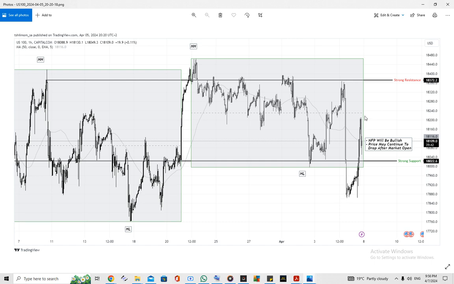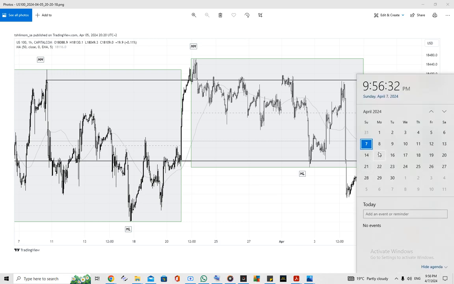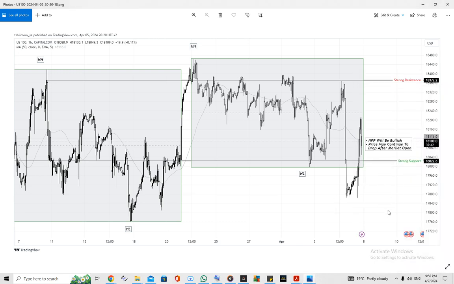Now after NFP, we have created a new lower high. So from now, because we are about to enter the second week of April, I think we're just gonna see the market push to the downside.